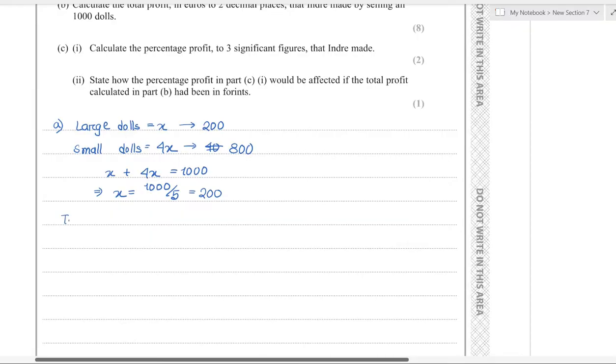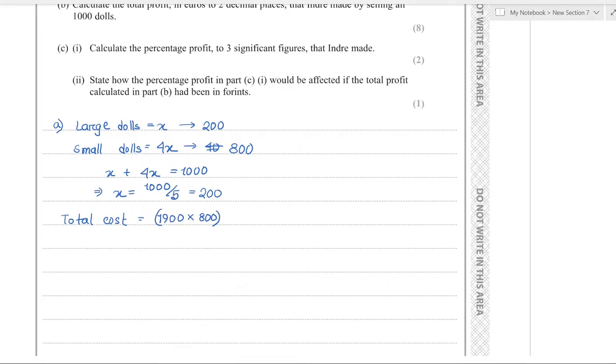So the total cost would be 1,900 times 800 for all the small dolls, plus 10,300 times 200 for all the large dolls. And if you calculate it, you get a value of 358,000 forints. So part A is done. I hope part A is clear enough for you to understand.